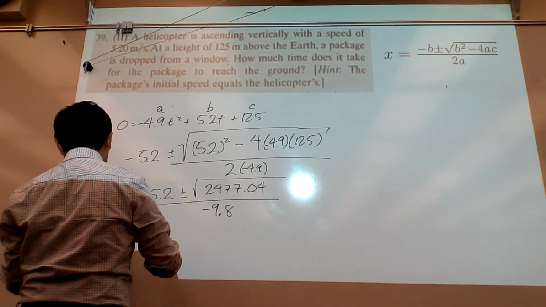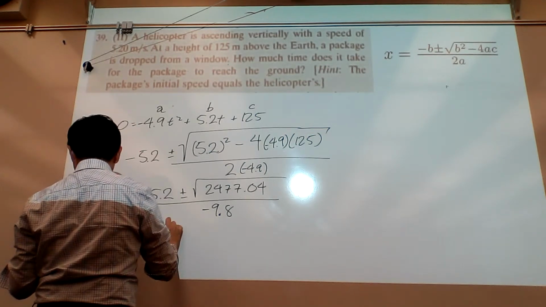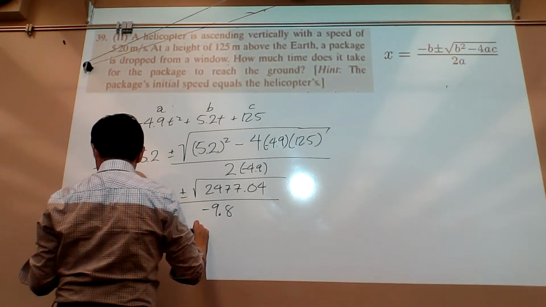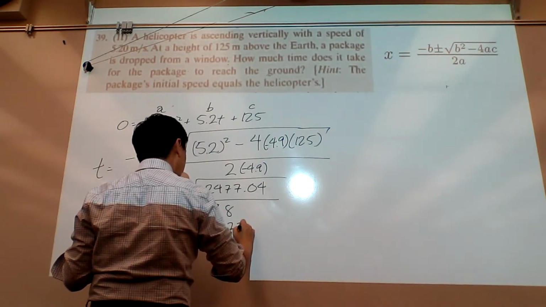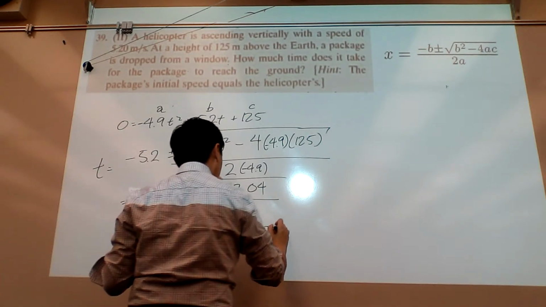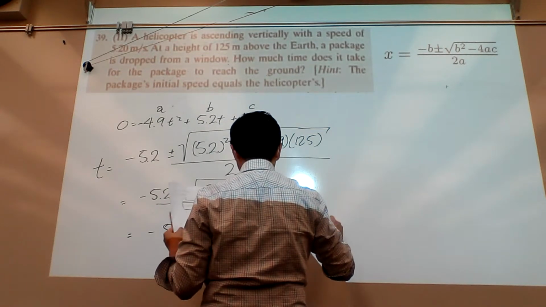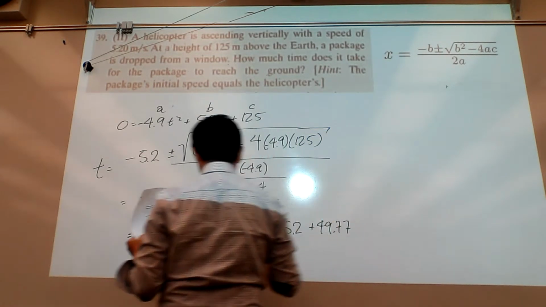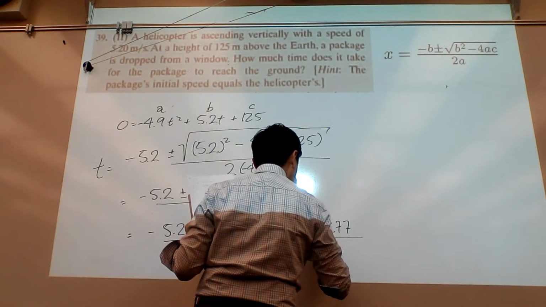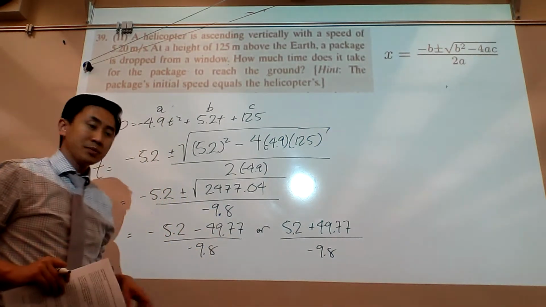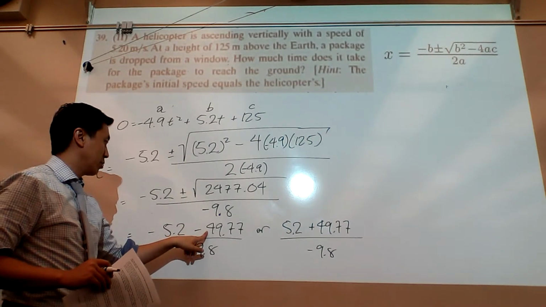If you do a whole bunch of reduction, this becomes negative 5.2 minus 49.77, or negative 5.2 plus 49.77, divided by negative 9.8. What I did here was find the square root of this huge number. It became 49.77.